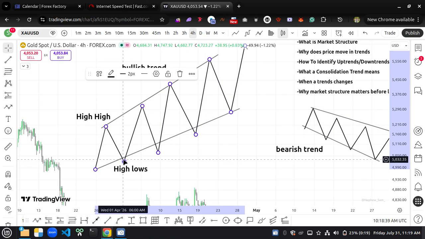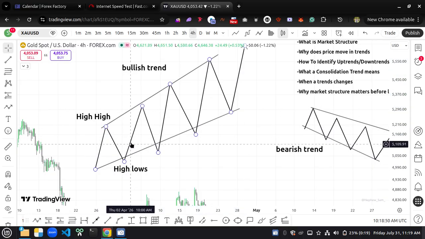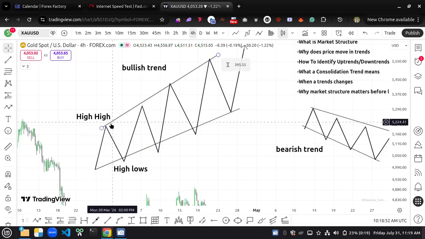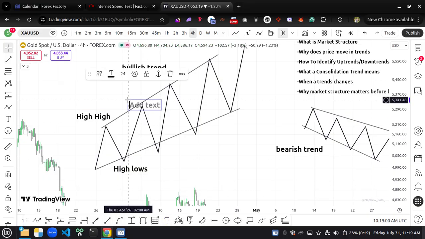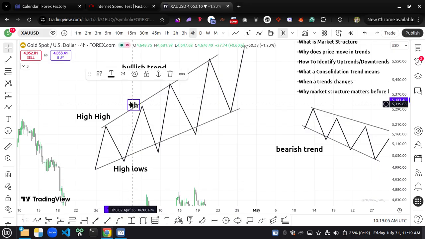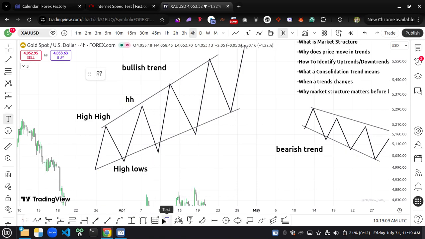Now the next movement, and that's why we learned about swings earlier. The next swing will tell us if it's a bullish trend or a bearish trend. If this swing goes up and goes higher than this high, it has created a new higher high, and a new higher high that is higher than the previous higher high already indicates a bullish trend. This is a new higher low.